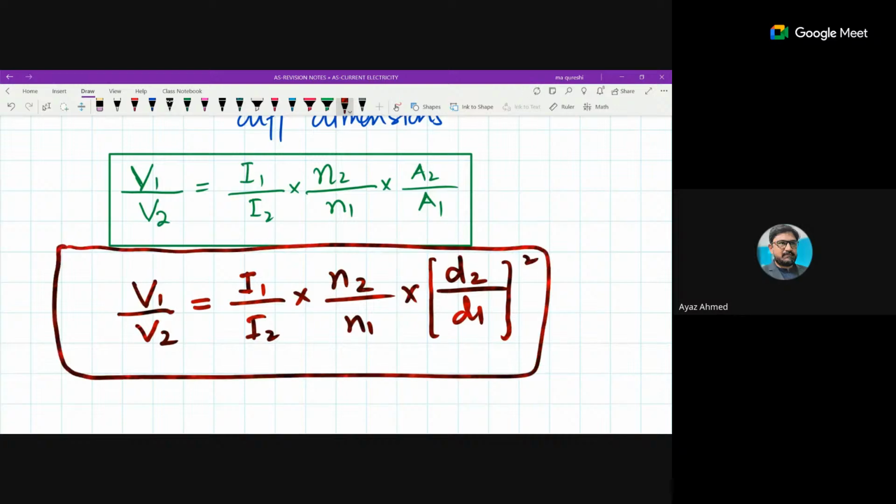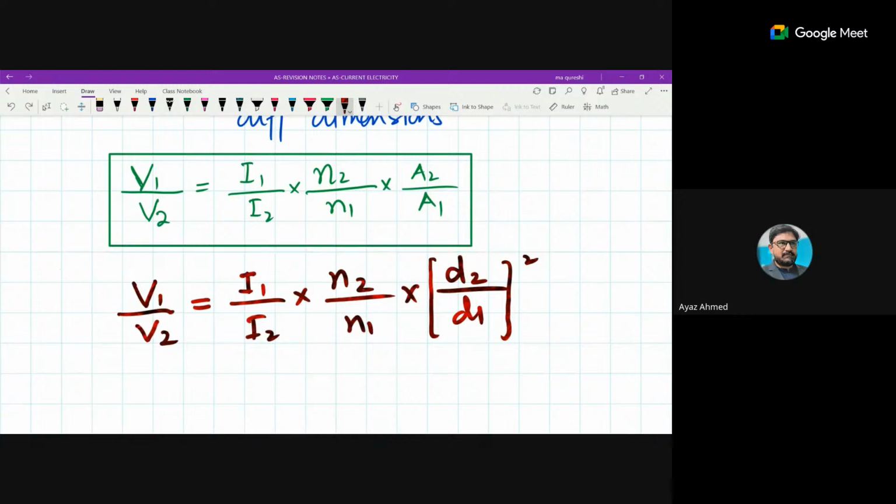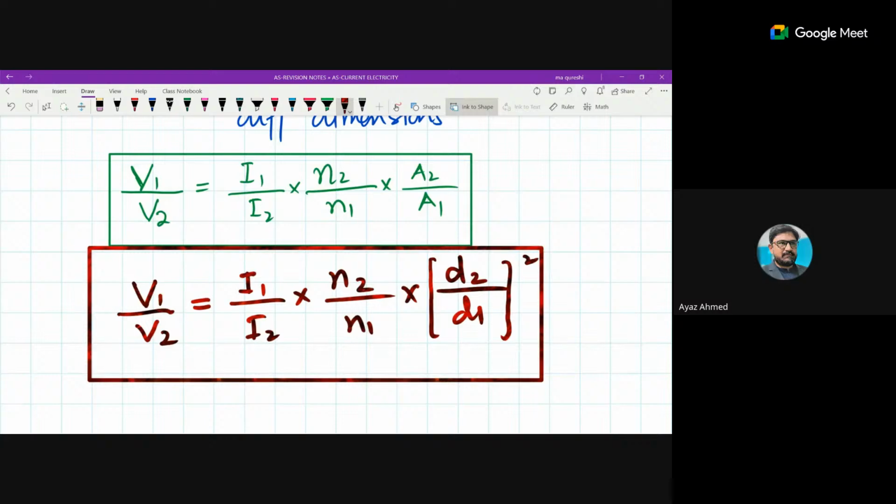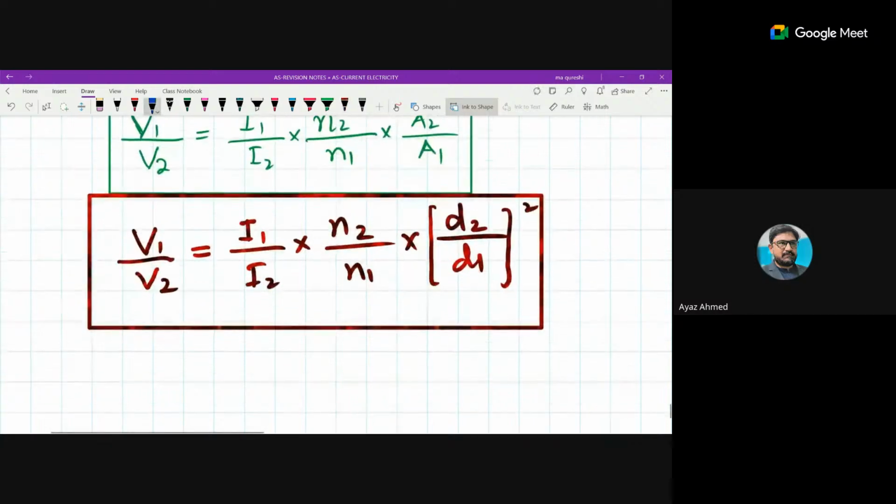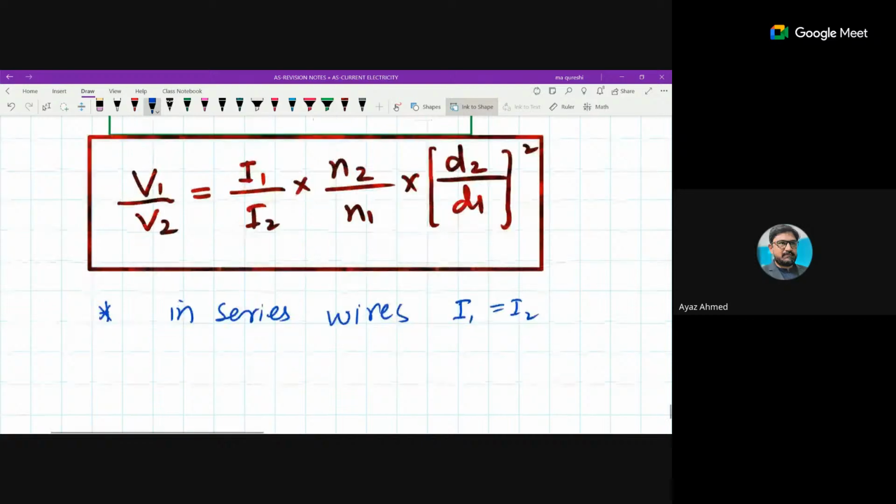And in all these equations, the key factor is you will just keep several factors constant. Look, which factors will you keep constant? For example, if the wires are in series, I1 is equal to I2, so cut that one.